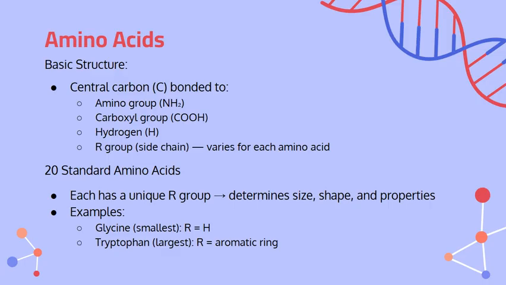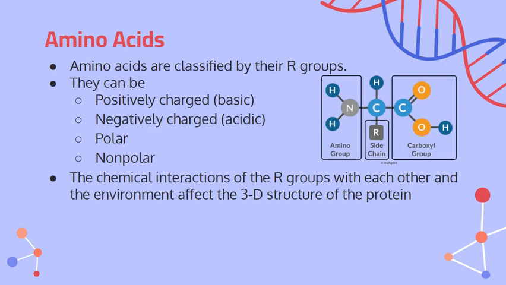Structure dictates function. Example, glycine is the smallest, where the R group is just a hydrogen, and tryptophan is the largest with an aromatic ring on the R group. So they are classified by that R group. We can see what an amino acid looks like, right?